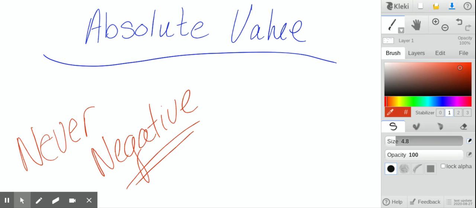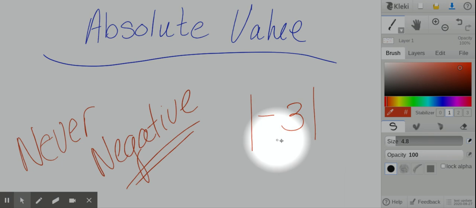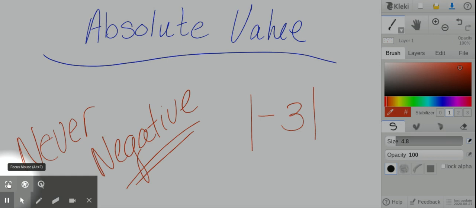All right. So let's say I had the number -3, and we're talking absolute value. These are the absolute value lines, and I would read this as the absolute value of -3. Now, if I want to know what the absolute value of -3 is, all I'm doing is counting the distance it is from 0 and making it positive.